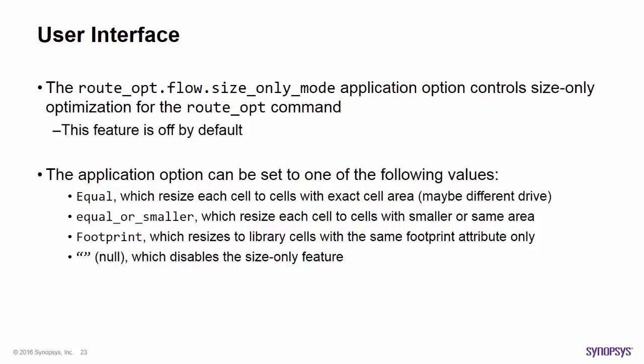When it is set to equal or smaller, then the area in addition to other QOR metrics can improve. When it is set to footprint, only cells with the same footprint are used for swapping. The null value is used to disable the size only feature, like turning it off.